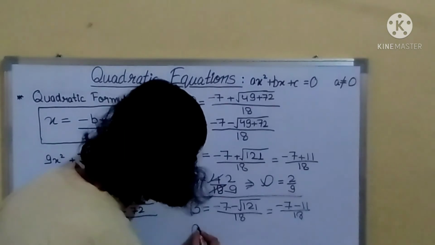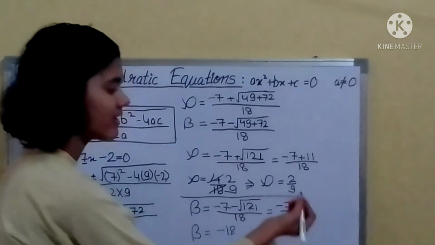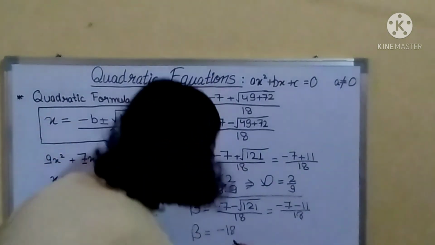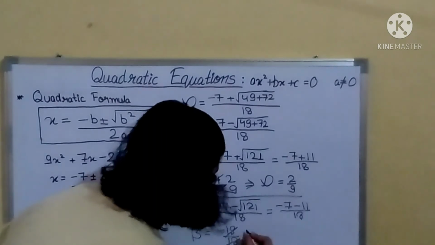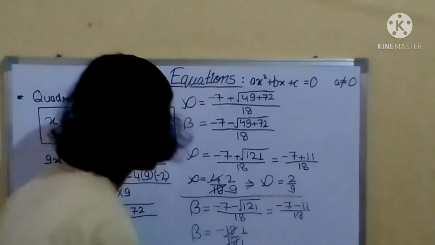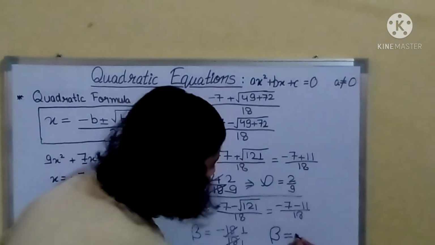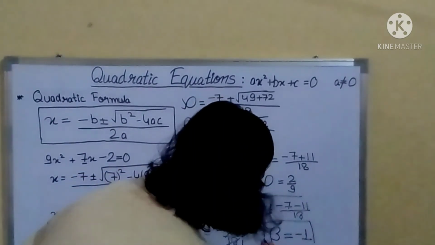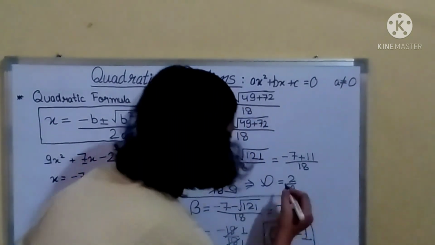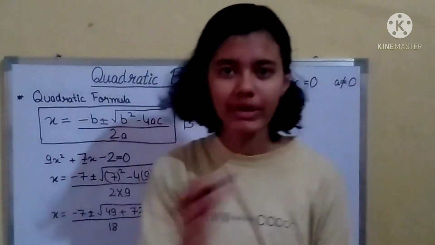So beta is equal to minus 7 minus 11, which is minus 18 upon 18. So 18 ones are 18 and 18 ones are 18. So the value for beta we will get is minus 1. Okay, so we have found the two zeros or the two roots for this quadratic equation.